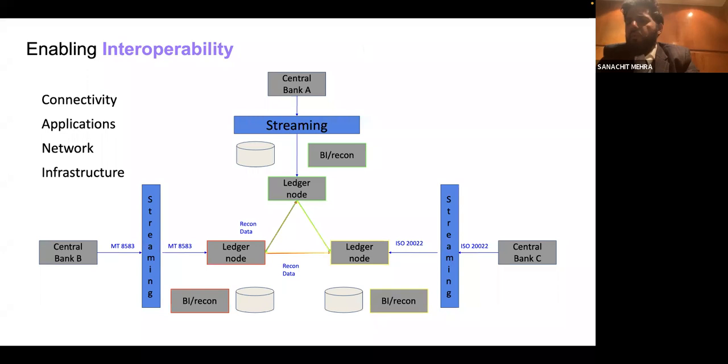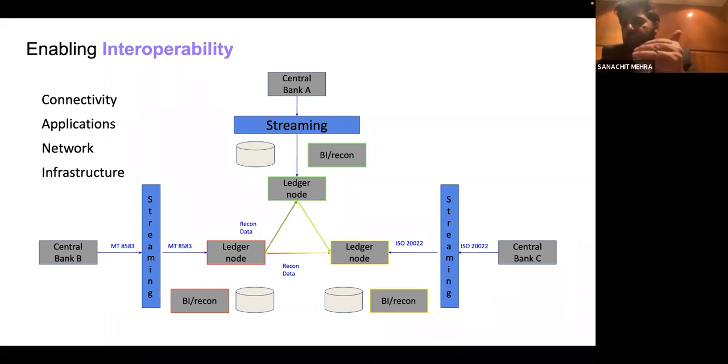I think we can probably all agree that if they're designing this from scratch as a greenfield project, they might end up adopting ISO for this sort of interledger communication. The important thing to note here is that at every given step, and this is also true of what Project Ubin has accomplished in their very recent concept note as well, they're going to have to address problems at different levels of the stack.